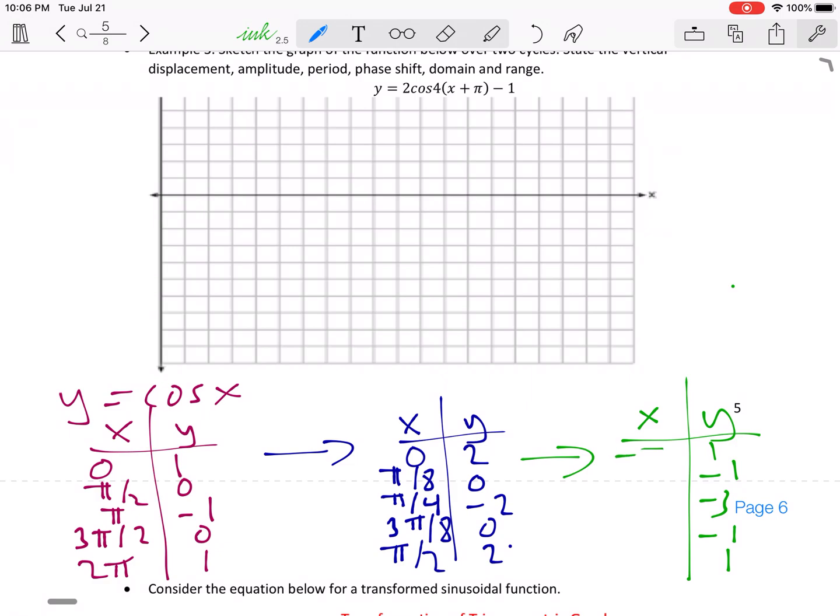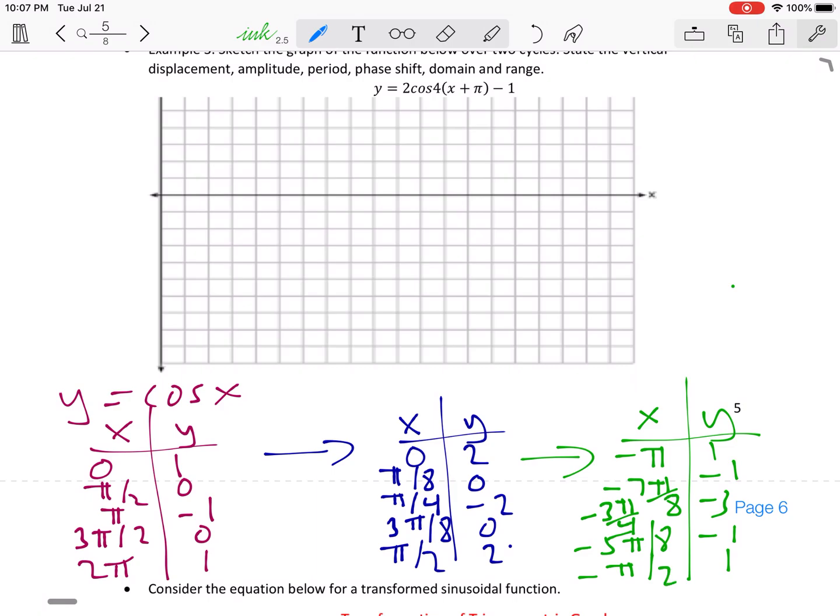So we get negative pi, so 0 minus pi is negative pi. Pi over 8 minus pi is going to be negative 7 pi over 8. Pi over 4 minus pi is going to be negative 3 pi over 4. And then 3 pi over 8 minus pi is going to be negative 5 pi over 8. And then the last one, pi over 2 minus pi, is going to be negative pi over 2.